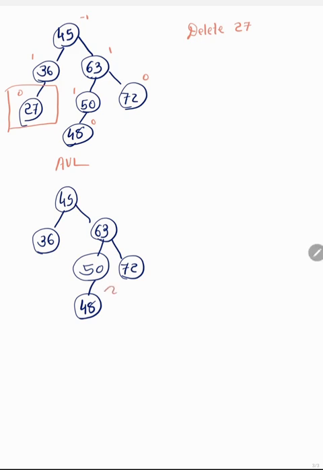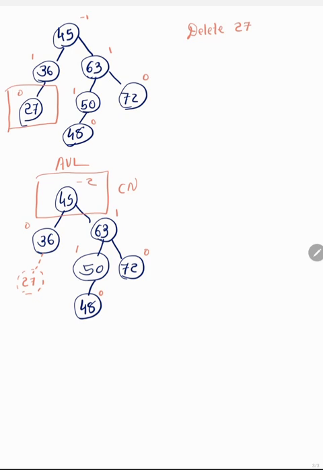Now let me quickly give you the balance factor. 48 is 0, 72 is 0, 50 is 1, 63 is 1, 36 is 0, and 45 is -2. Now it's not your AVL tree, so 45 is your critical node. Again the same thing, the deleted node, that is your 27, is deleted from the left side of your critical node.